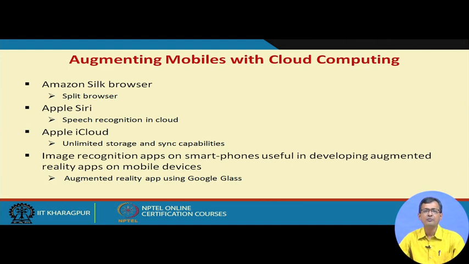Now, augmenting mobiles with cloud computing, there are several efforts or initiatives like the Amazon Silk browser, which is a split browser, Apple Siri, Apple iCloud, and image recognition apps on smartphones, useful in developing augmented reality apps on mobile devices. All those things at the back end talk to a cloud, right.